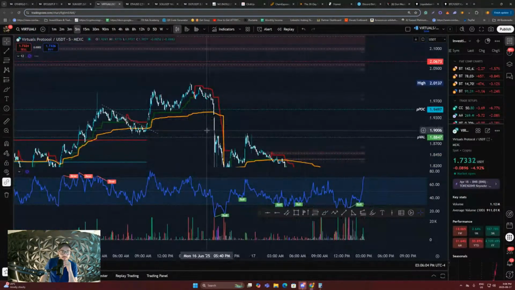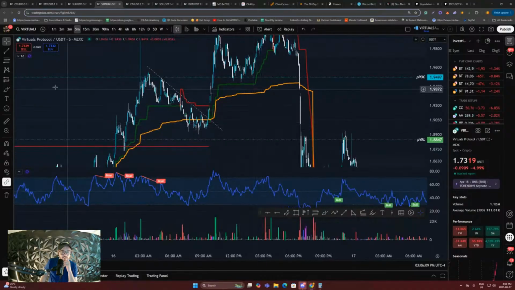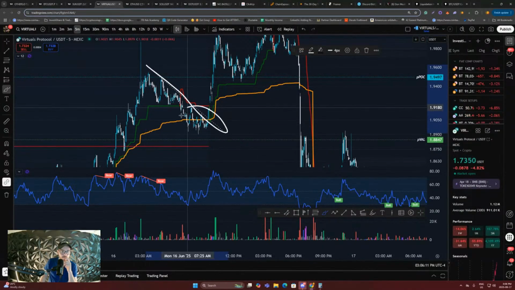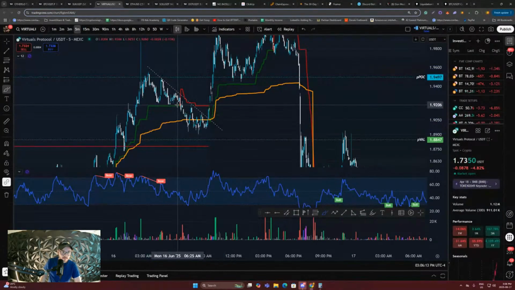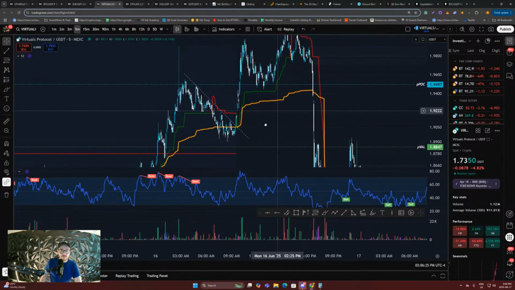We broke downtrending momentum. I remember being a little bit surprised about that. We got the lower time frame, like 3-minute time frame, inverse head and shoulders. You got a change of character here on the 5. We ran up. We were targeting here, but we ended up going above this point of control.